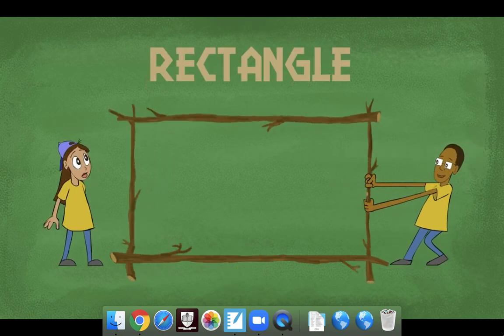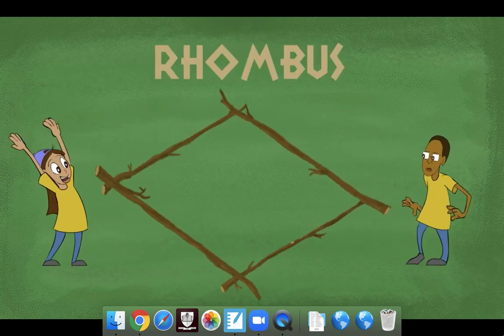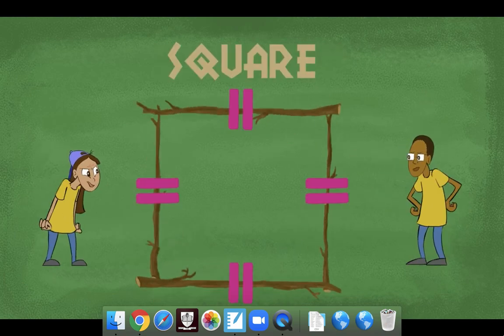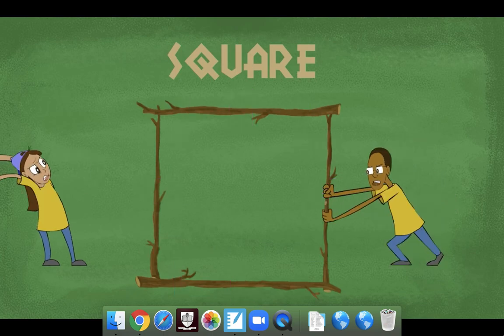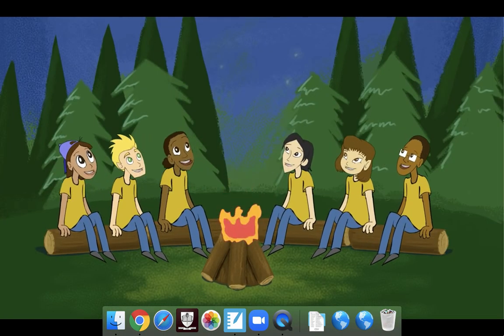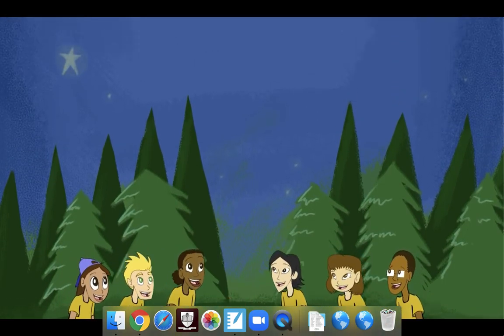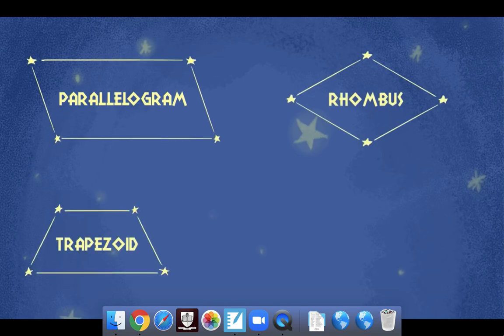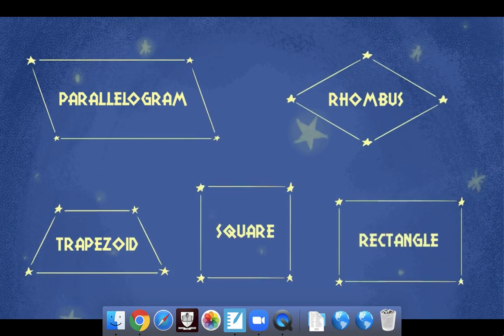A rectangle has four right angles. A rhombus has four sides that are equal. Squares have four equal sides and four right angles. Quadrilaterals have four sides and four angles. Parallelograms, rhombuses, trapezoids, squares and rectangles.